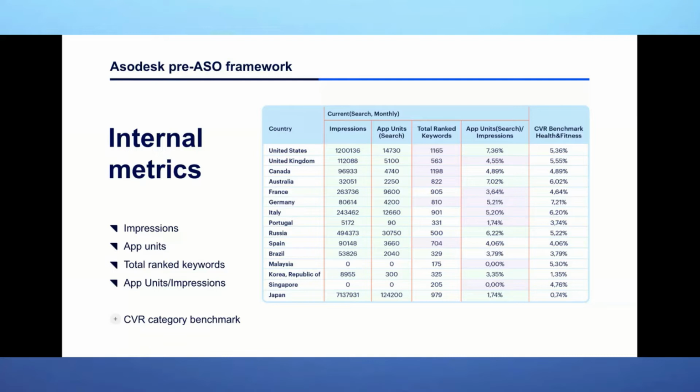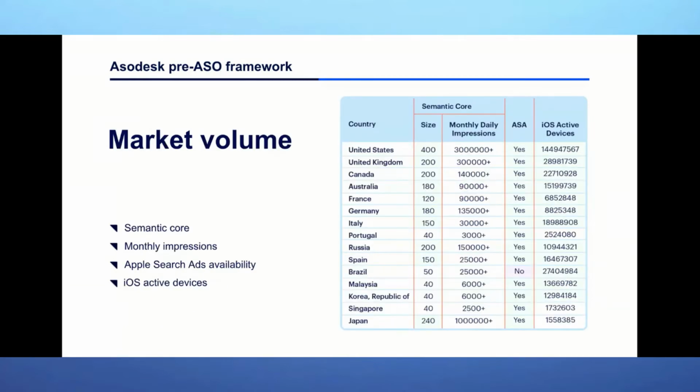Plus, we have here the conversion rate category benchmark for health and fitness applications. So we can compare, and the colors in the app units / impressions column help us to understand whether the conversion rate of our application is higher or lower than the average conversion rate in our category. So at this moment, we are getting an understanding of the state of things for our application on the market based on our internal metrics. Then we move to market volume.